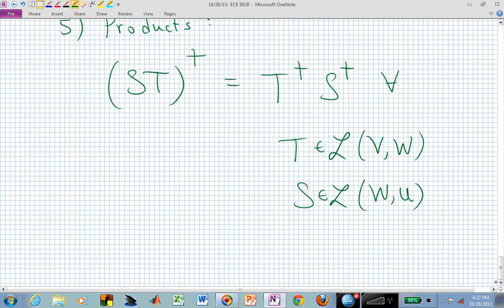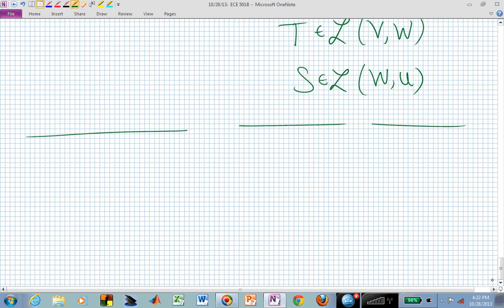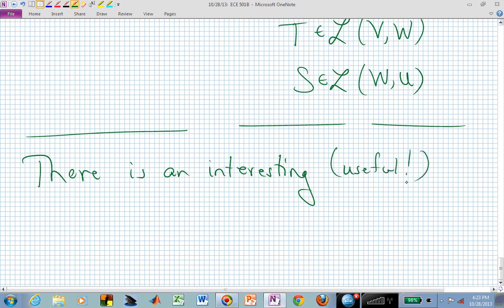Those are some properties. Now let's look at some characteristics of these two sets of linear maps. Maybe you will find these more useful than interesting.